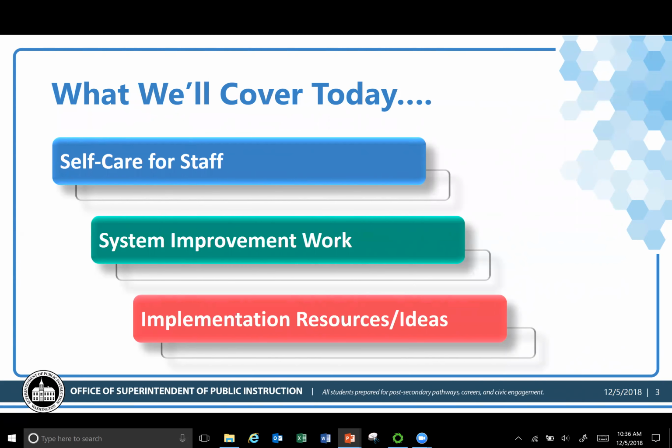So with this idea in mind of the holiday season and the additional stresses that staff and students are experiencing this time of year, we're going to talk a little bit about self-care for staff and some of the systems level supports that we should be focused on this time of year, and then also give you some somewhat quickly and easily implementable support strategies that you can use with your students in the next couple of weeks as they gear up for winter break, and you do as well, but also could be applicable anytime.